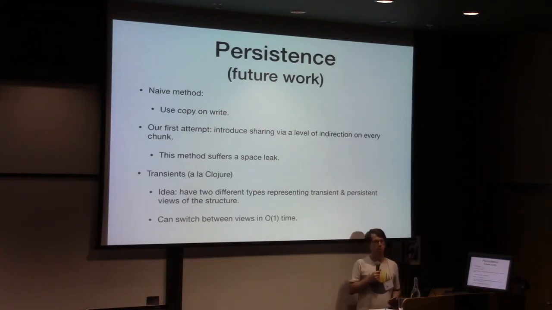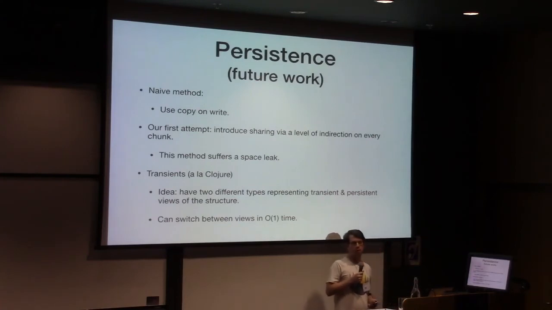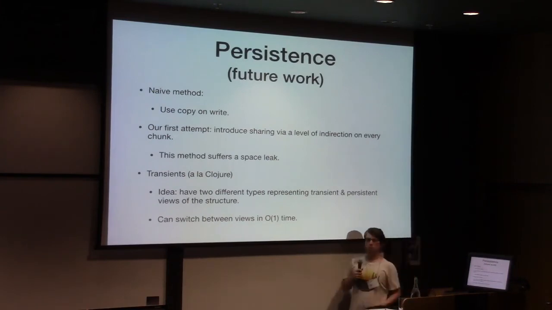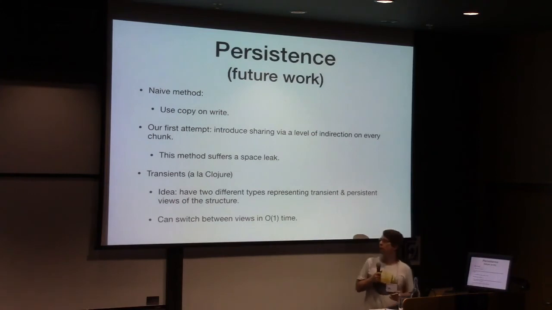The transient view gives you the special ability to update in place, at the expense of having to be careful and make sure that you don't violate safety. The way it works is that you have a way of converting between these two views, and it has a small cost in time. So I think that's an interesting way forward.